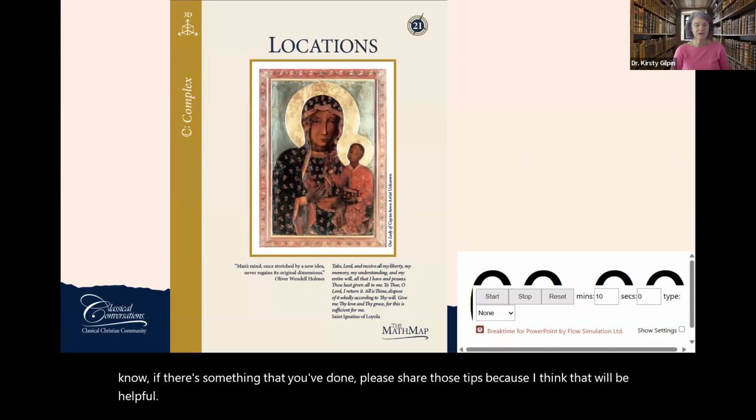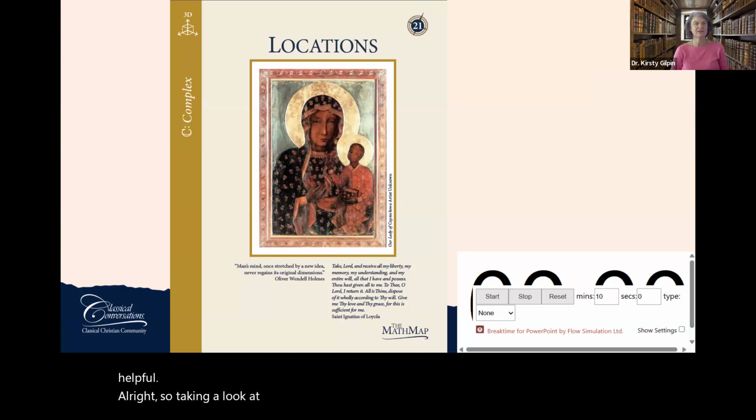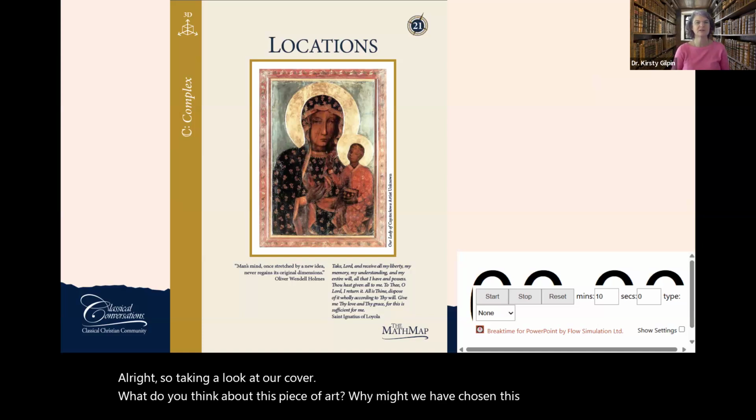All right, so taking a look at our cover, what do you think about this piece of art? Why might we have chosen this piece of art?